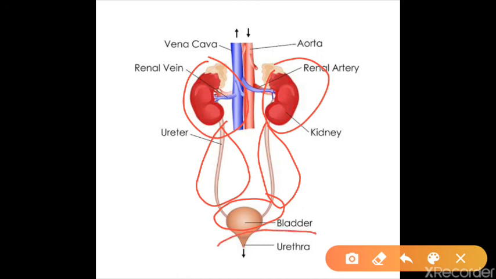The urethra is the last ending point where the excretory waste is removed. So we have just seen the organs and the excretory waste that is made in the human body.